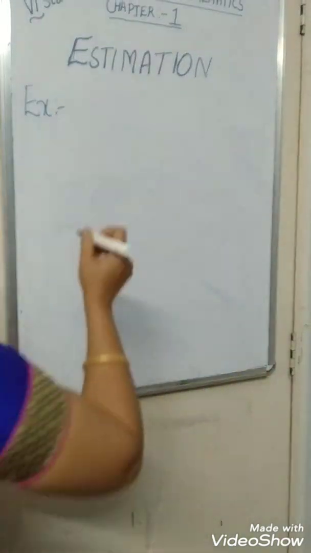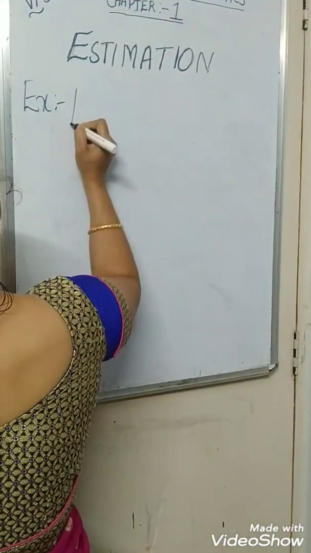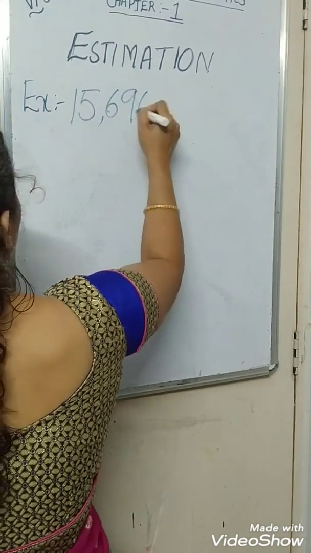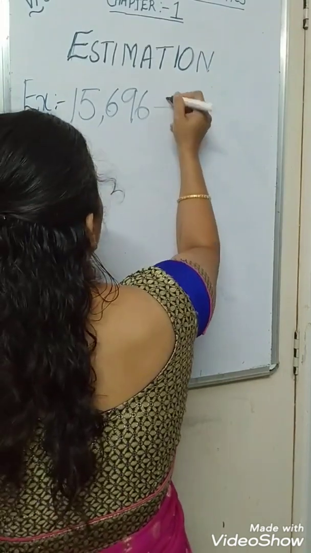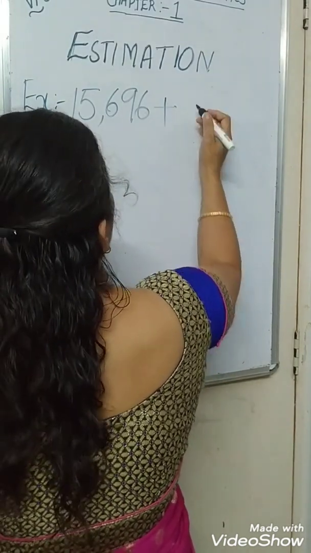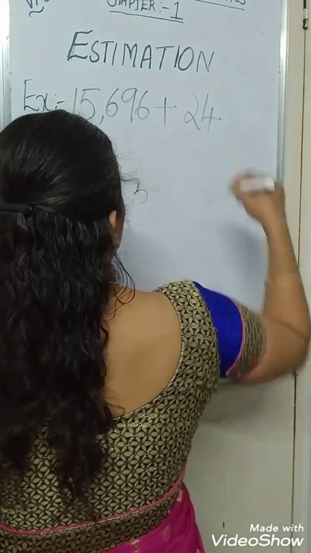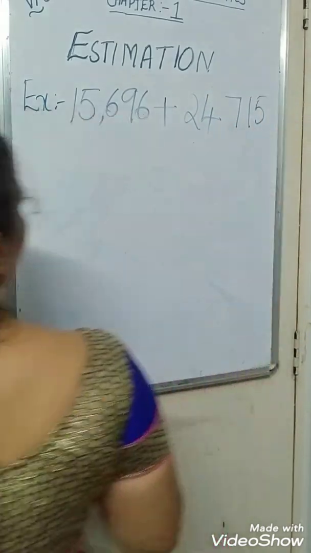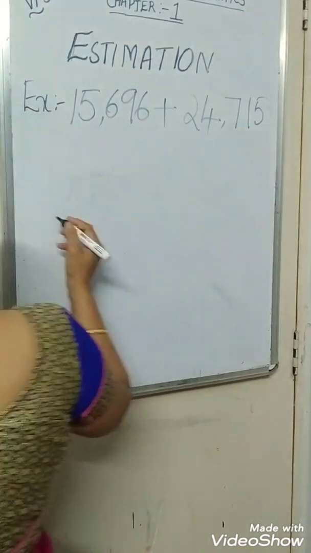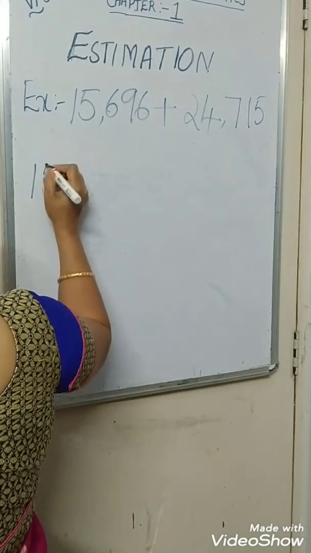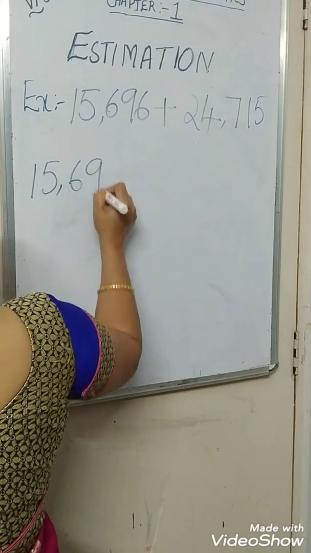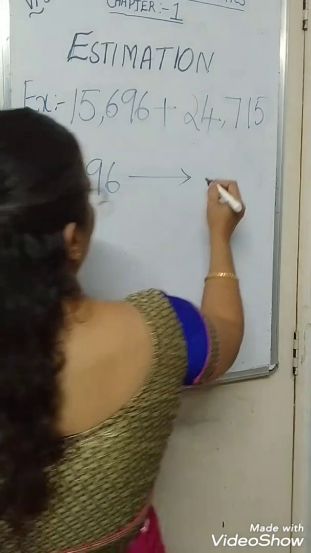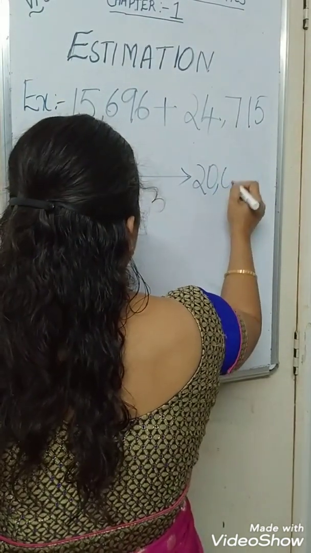Now we have 15,696 plus 24,715. Now let us estimate. 15,696 is estimated to 20,000.